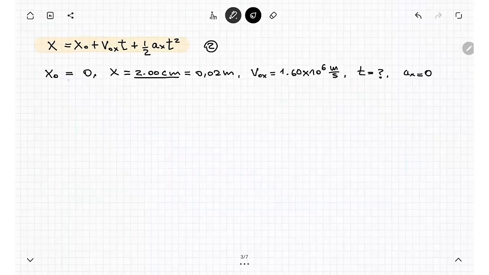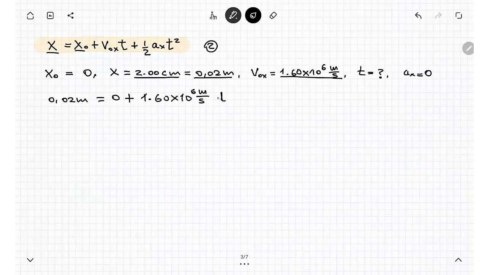We want to replace all these values into equation number 2, and we will have the following. x is equal to 0.02 meters. x0 is equal to 0, plus v0x, we know that is equal to 1.6 times 10 to the 6th power meters per second, multiplying the time, plus 1/2 of the acceleration, but we know that the acceleration is 0, multiplying the time squared.